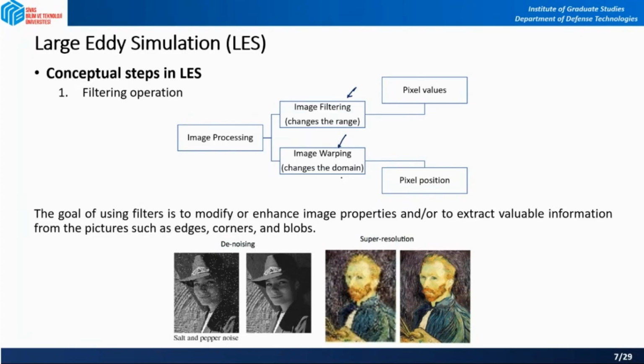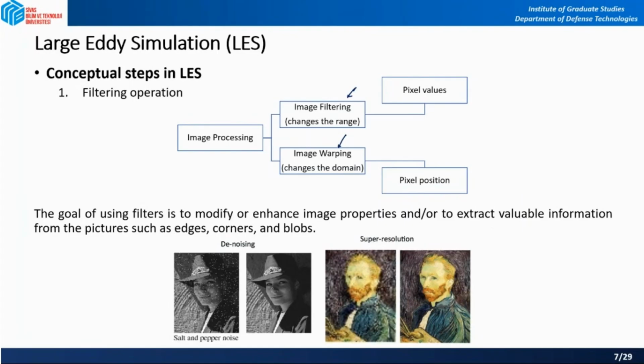The goal of using filters is to modify or enhance image properties, or sometimes to extract valuable information from the picture, like extracting the edges, corners, and blobs. In here you are seeing some examples of what applying filters can do to make images more visually appealing.